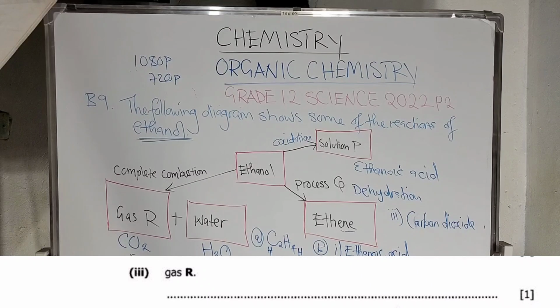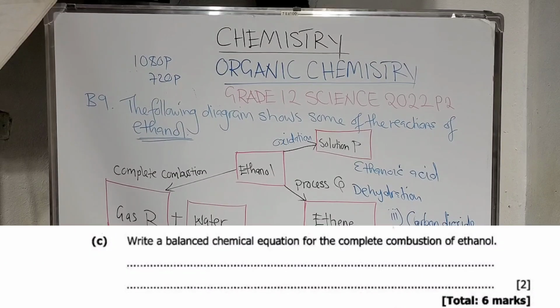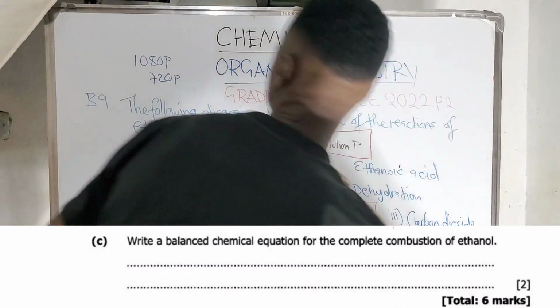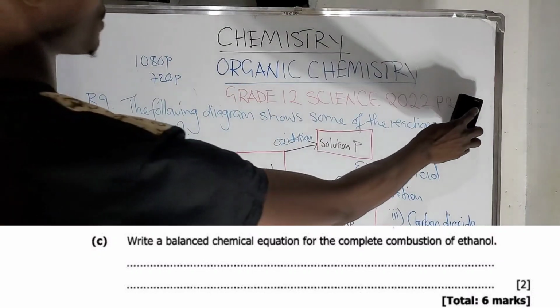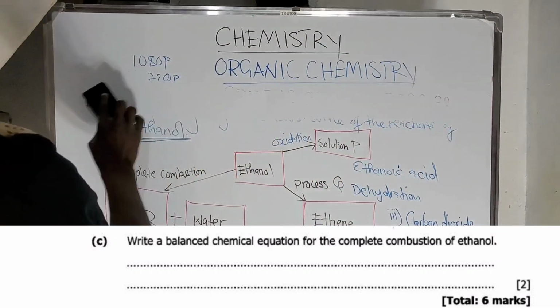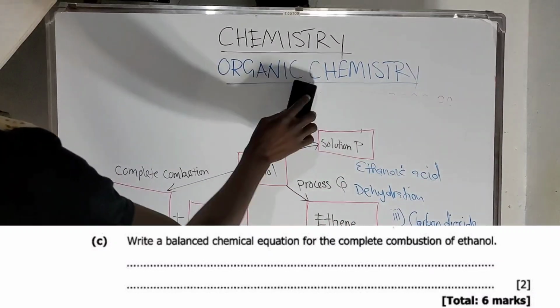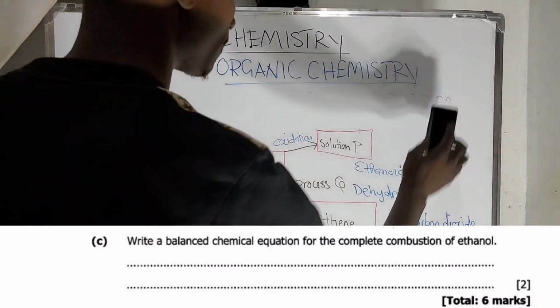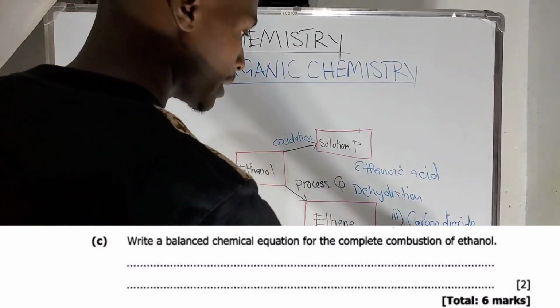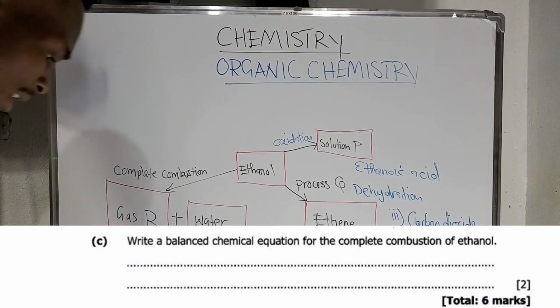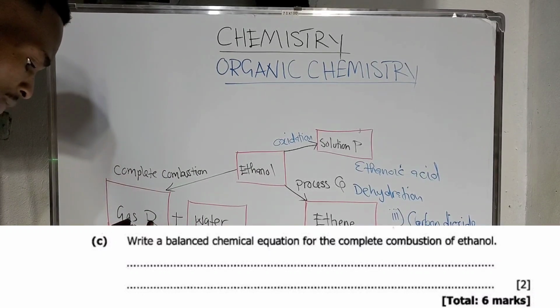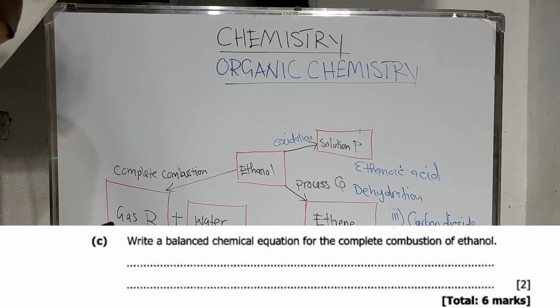Then the last question, which is question C. Let me create space here. Question C says, write a balanced chemical equation for the complete combustion of ethanol.